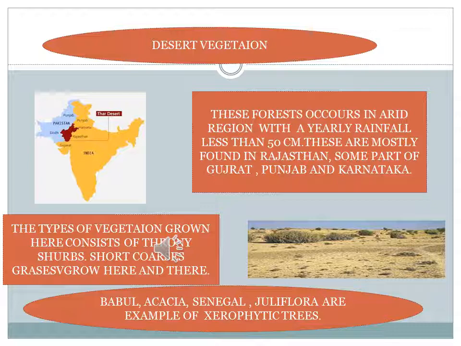These are called xerophytic plants and are adapted to withstand drought. Short coarse grasses grow here and there. In India, these are mostly found in Rajasthan and parts of Gujarat, Punjab and Karnataka. Examples of some desert trees are babul, acacia, Senegal, etc.